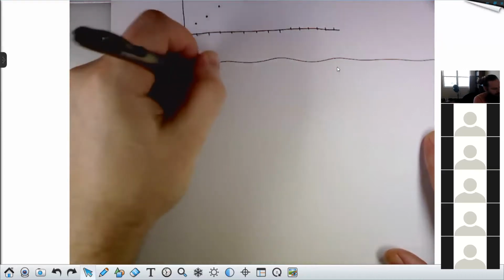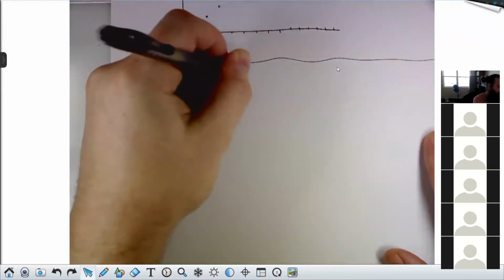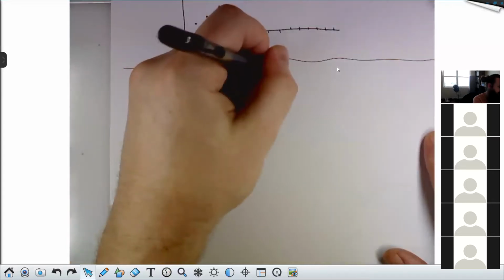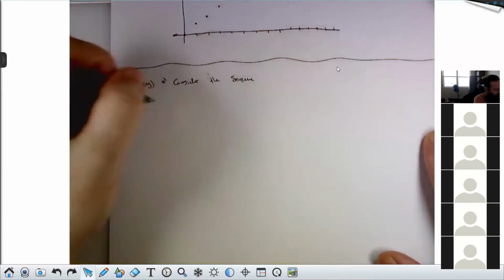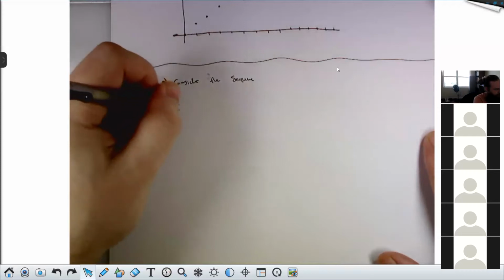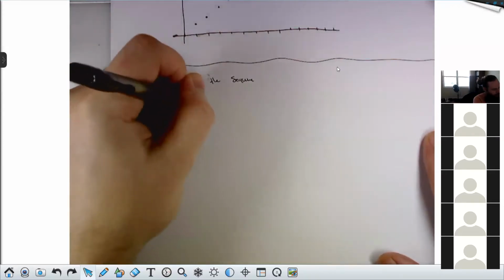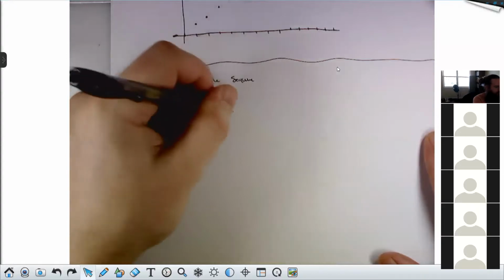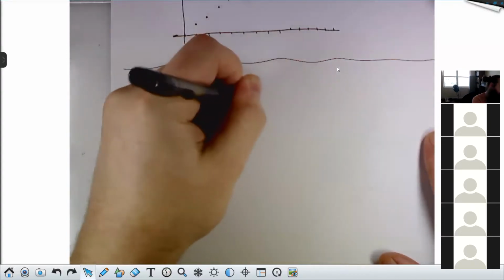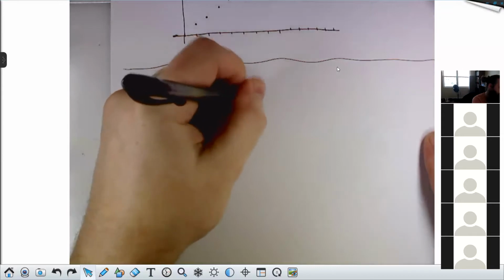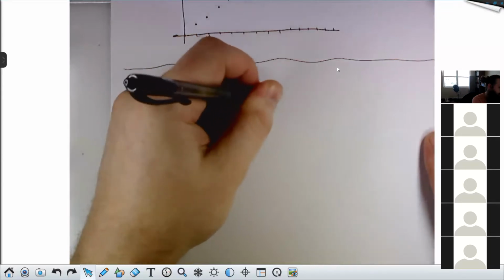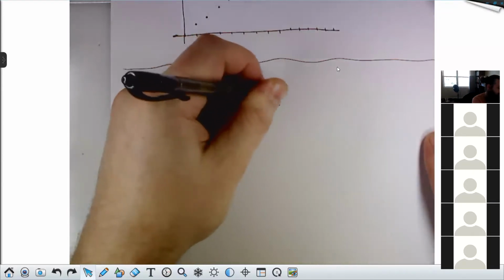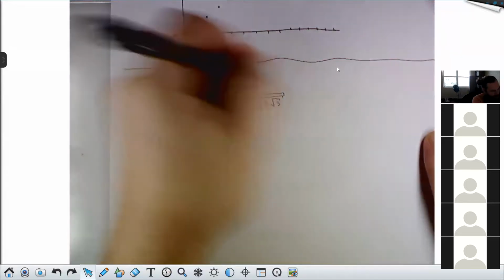Consider the sequence. I'll just write it like this: square root of 3, square root of 3 times the square root of 3, and then the square root of 3 times the square root of 3 times the square root of 3, and so on.